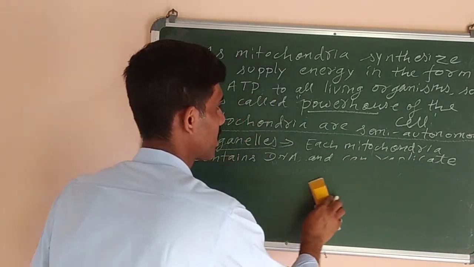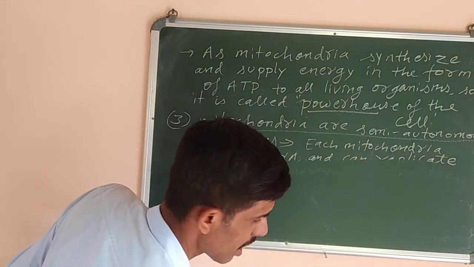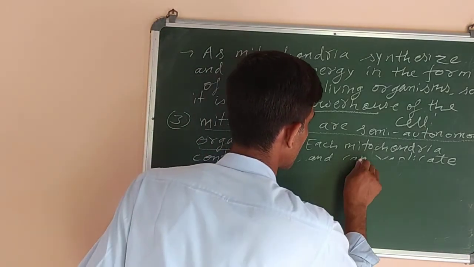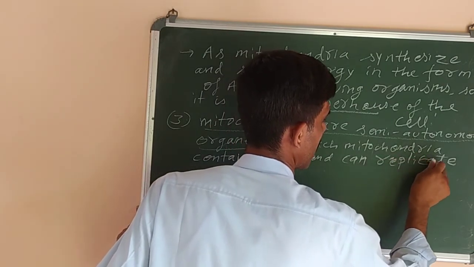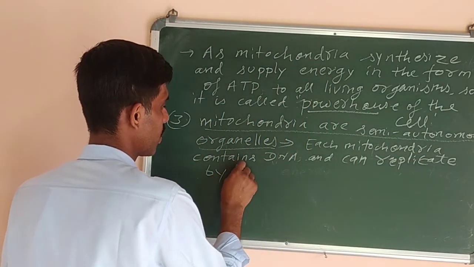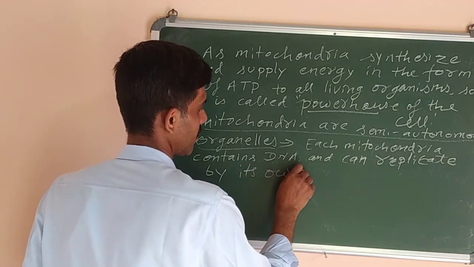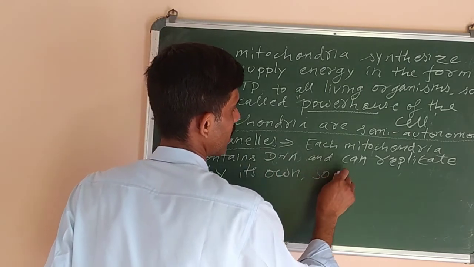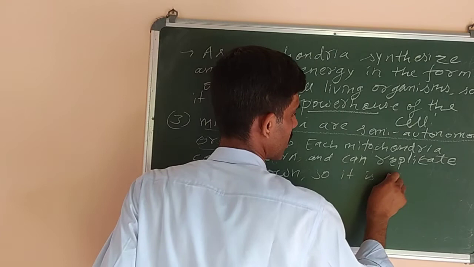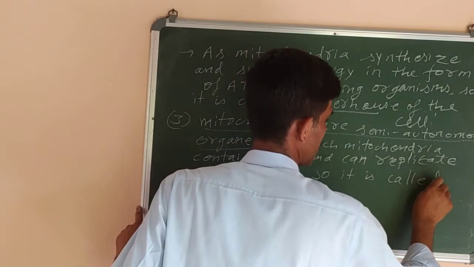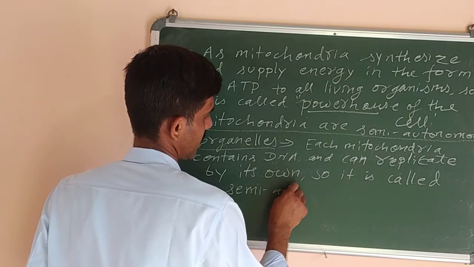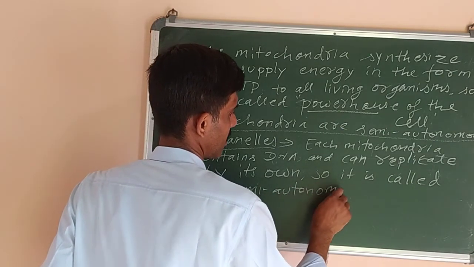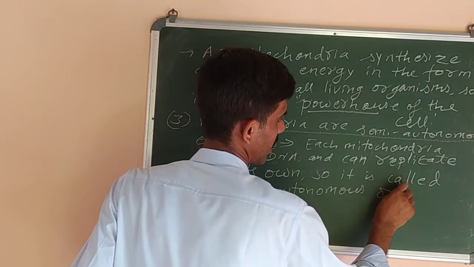Each mitochondria contains DNA and can replicate by its own. So it is called semi-autonomous organelle.